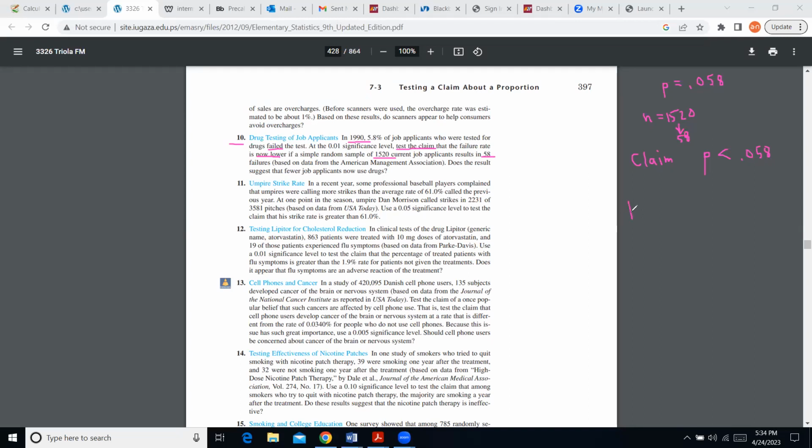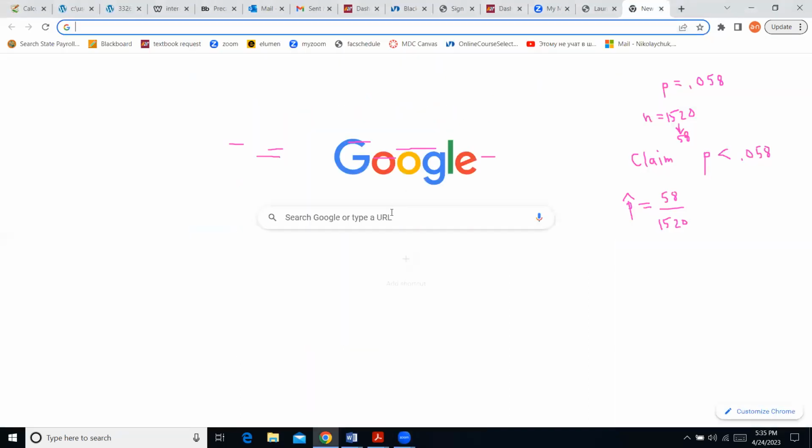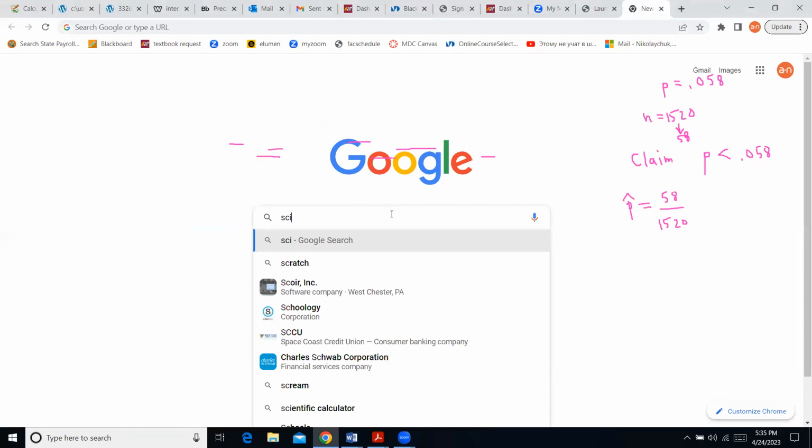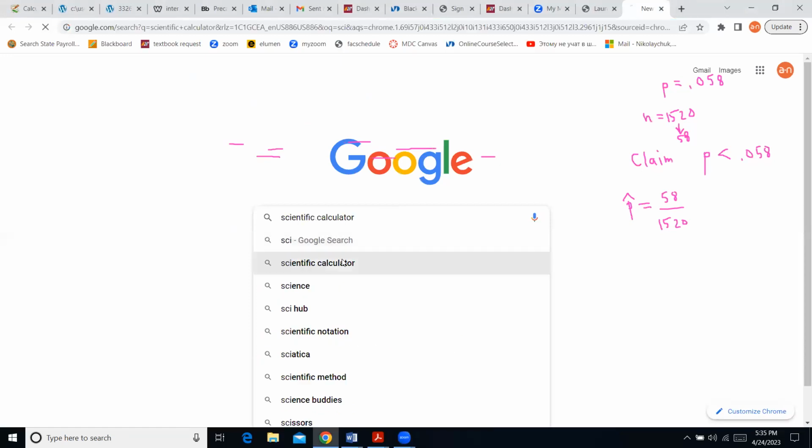So I can say that p with a hat, that's the sample proportion, is 58 failed out of 1,520. I can divide this using my favorite scientific calculator. So let me go here and find the scientific calculator.